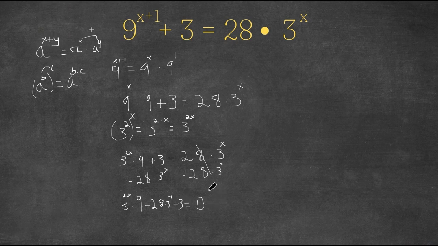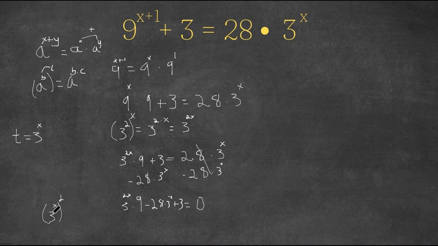Now we're going to set the variable t equal to 3 to the power of x, because as you can see, we have two terms with 3 to the power of x. And this 3 to the power of 2x can be written as 3 to the power of x, to the power of 2.